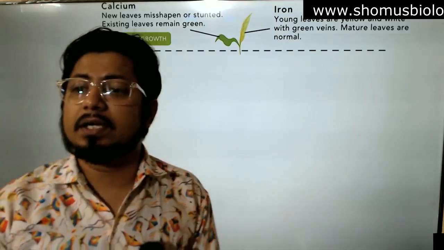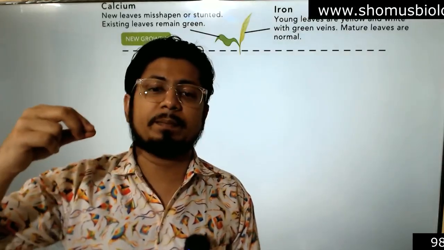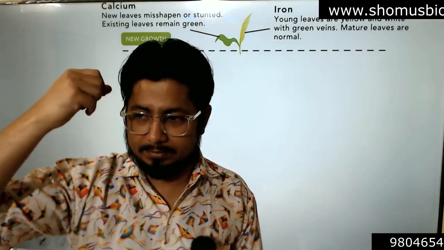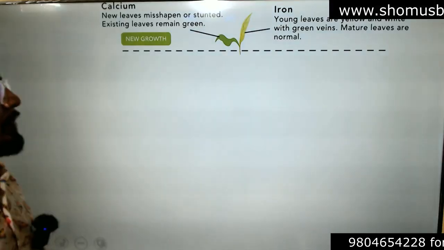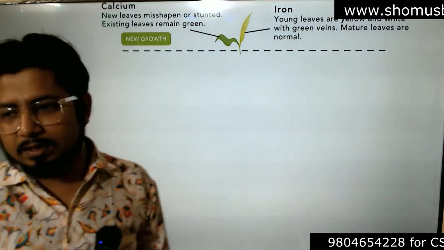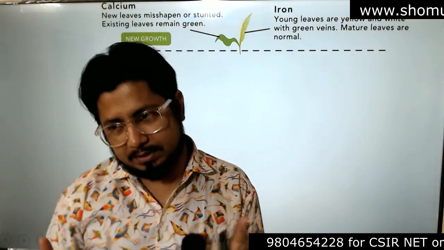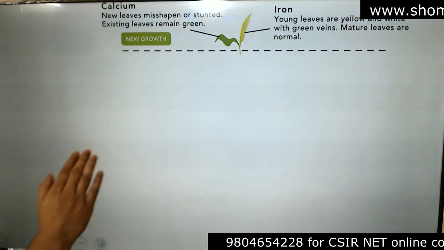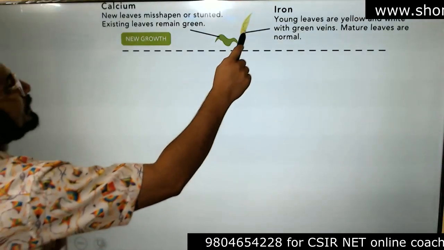New growth means where new plant tissue is coming out, that is the apical bud of the shoot, root ends and all. Old growth is when, let's say, a stem is somehow broken and a new stem comes out from the old region. In the new growth we have two different deficiencies: iron deficiency and calcium deficiency.